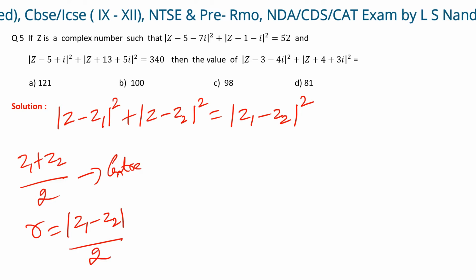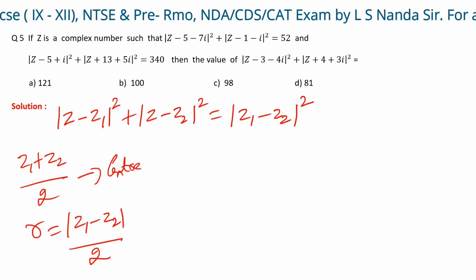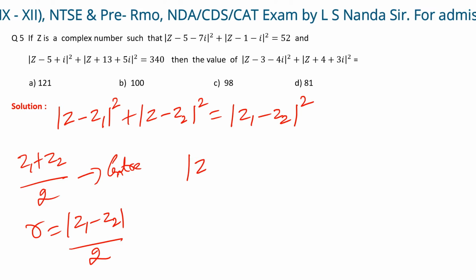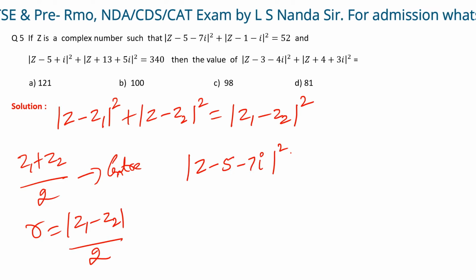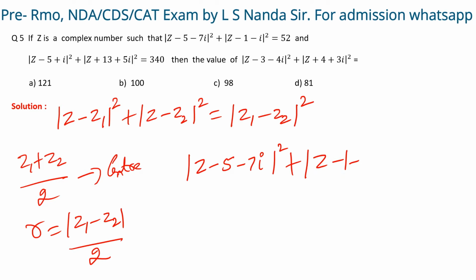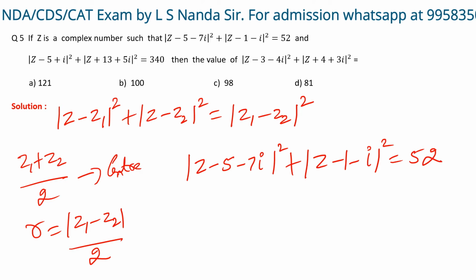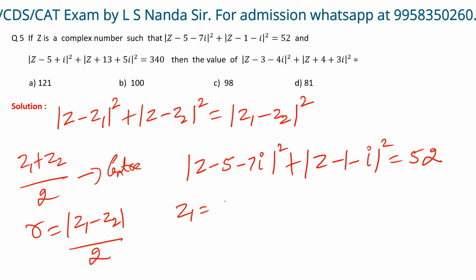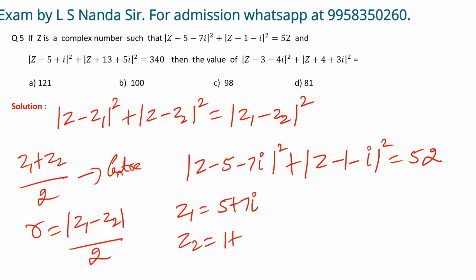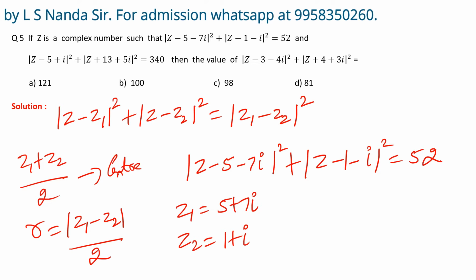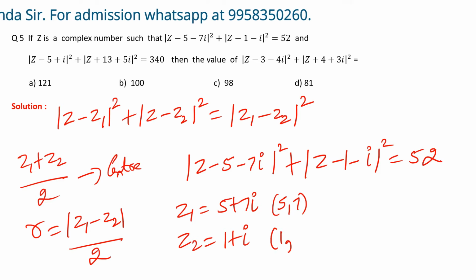Now, if we make the comparison between this equation and the given equations, let us consider the first equation: mod of z minus 5 minus 7 iota squared plus mod of z minus 1 minus iota squared equal to 52. Then you can clearly see, if we make the comparison and I take z1 as 5 plus 7 iota and z2 as 1 plus iota, that means this point will be (5, 7) and this point in the Argand plane will be (1, 1).